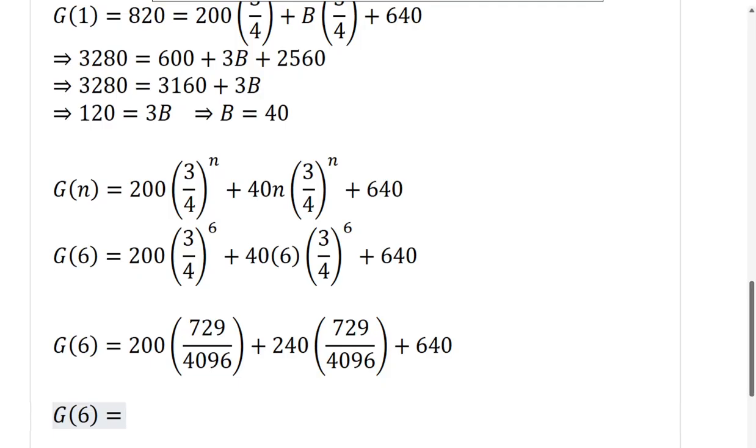So I'm just going to do 200 by 729 over 4096, which is 35.596. 240 by 729 over 4096 is 42.715, and then plus 640. So just adding those things up, 640 plus 35.596 plus 42.715 is 718.3, which equals 718.